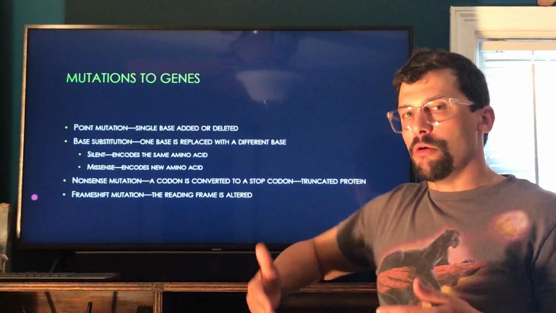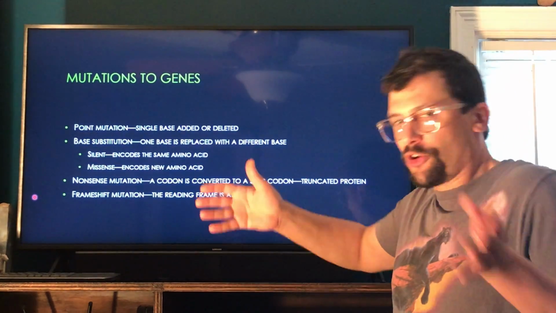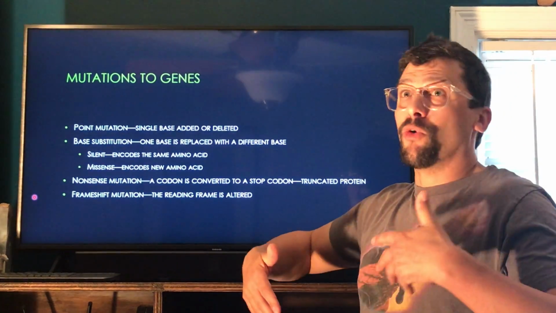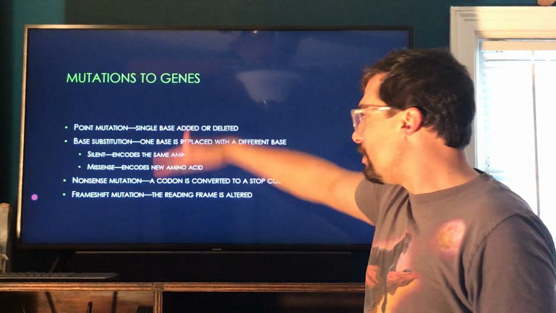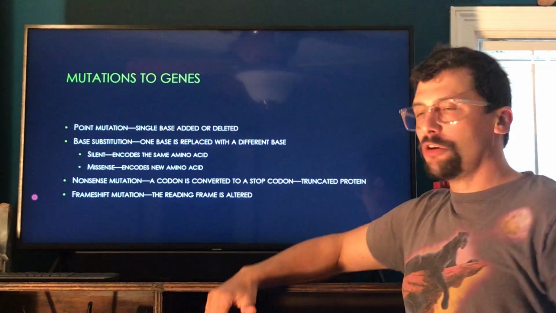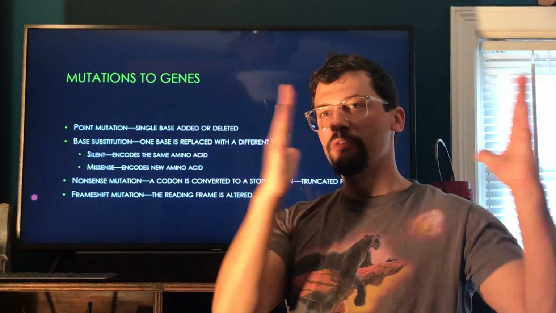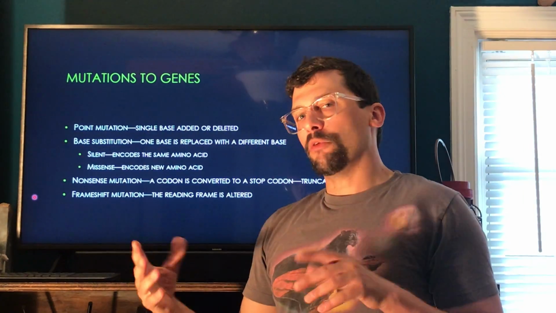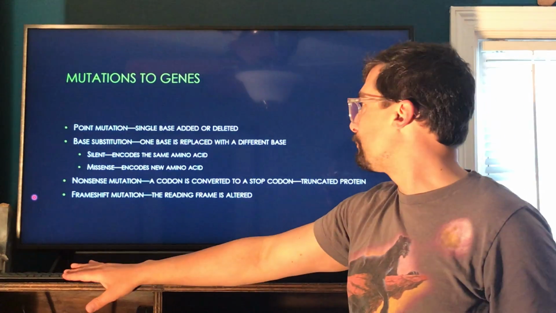If you have a stop codon, that's going to shorten your protein, so you get what's known as a truncated protein. It's going to be shorter, probably non-functional, or at least less functional. And then, obviously, these changes can cause a frameshift, or reading frame, mutation. It's going to shift where you're reading, and that shift is going to affect your end product because of how you have to chunk up the codons.